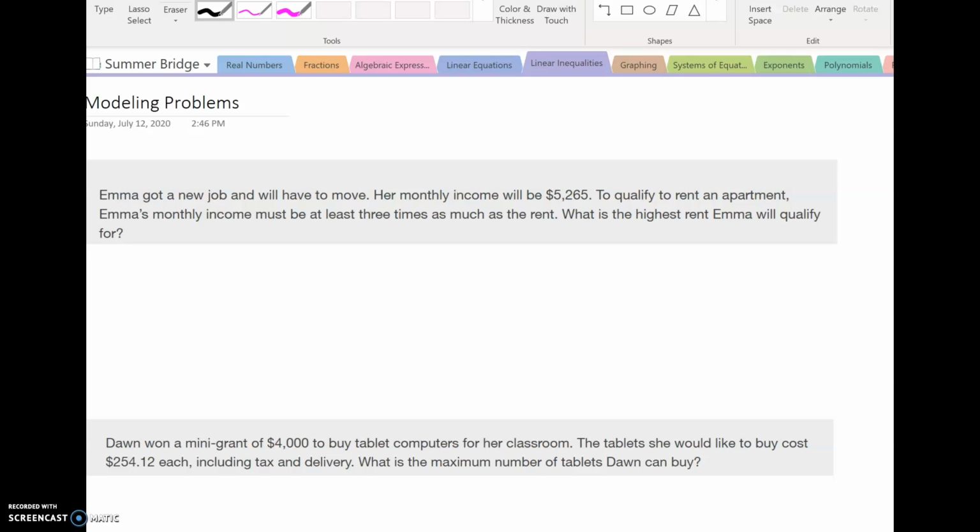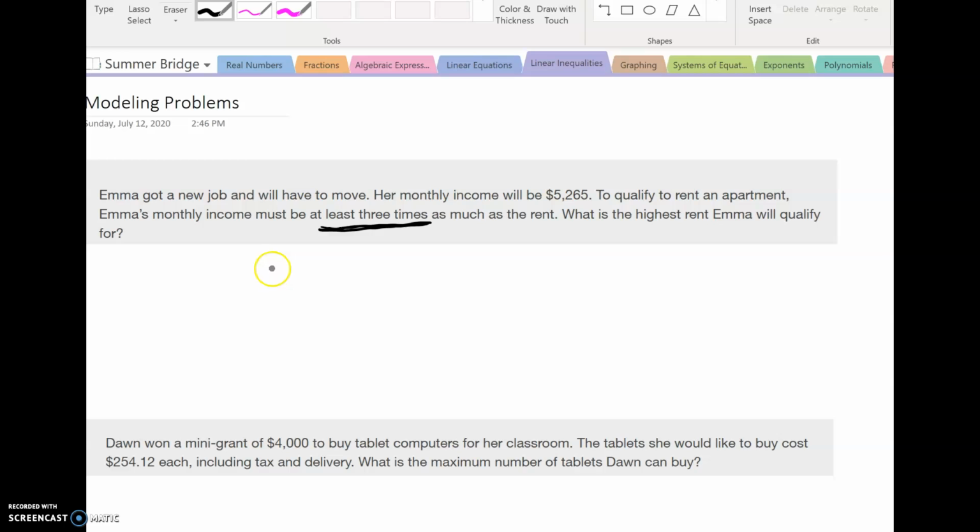Emma got a new job and will have to move. Her monthly income will be $5,265. To qualify to rent an apartment, Emma's monthly income must be at least 3 times the rent. So could it be more than 3 times the rent? It could be more than 3 times, but it has to be minimum 3 times.